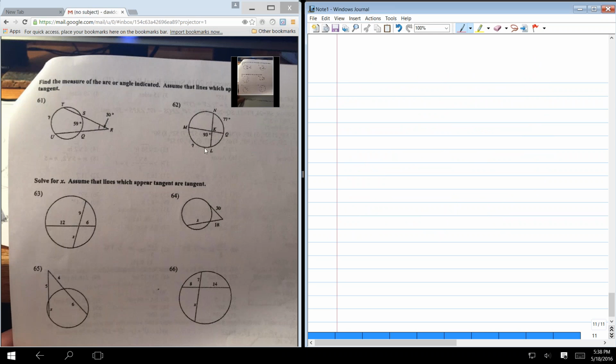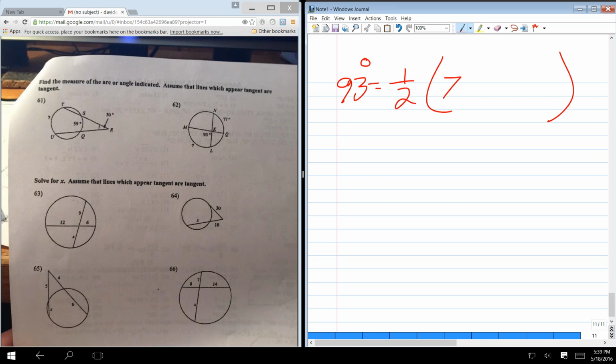But if I want to know what arc, in other words, 93, start with the inside angle. 93 is going to be 1/2 of the sum of 77 plus arc ML. Now you just have to solve that for ML and you have your answer. So if it's inside the circle, it's plus. In general, yes, unless it's some funky number.